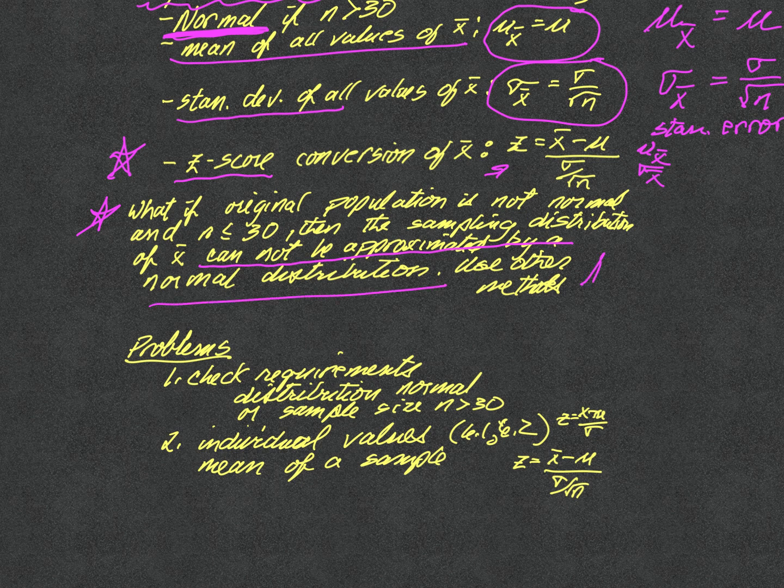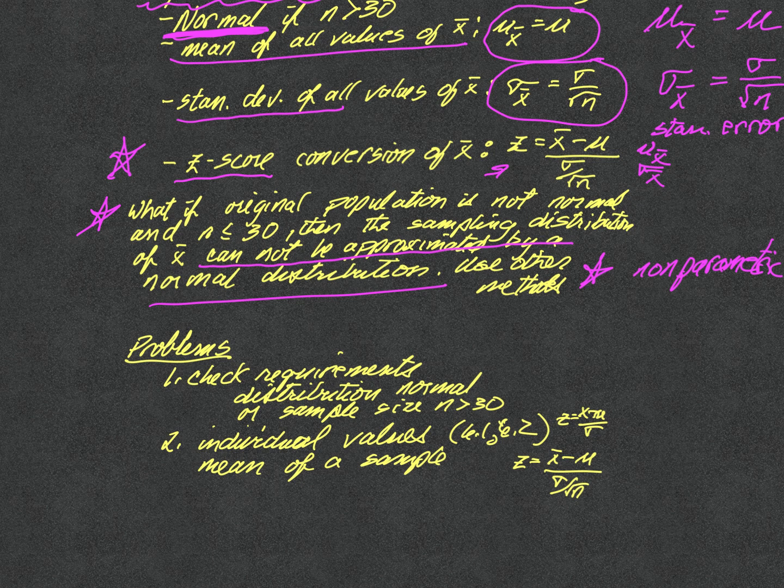So you have to use other methods, and those other methods are often called non-parametric, and that's beyond the scope of our class. That would be like if we had 2 semesters of stats, we would look at those methods. And so we're not going to have time for that. So this is a condition you have to pay attention to.